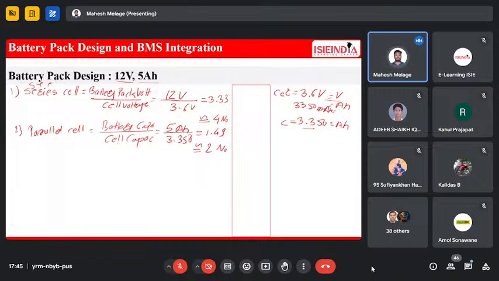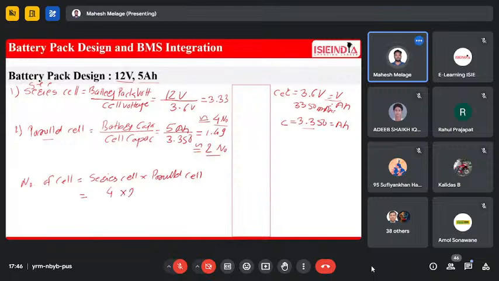Means in series it goes to 4 number of cells, in parallel it goes to 2 number of cells. Then we calculate the number of cells. The formula is series cells multiplied by parallel cells. How many are connected in series? 4.